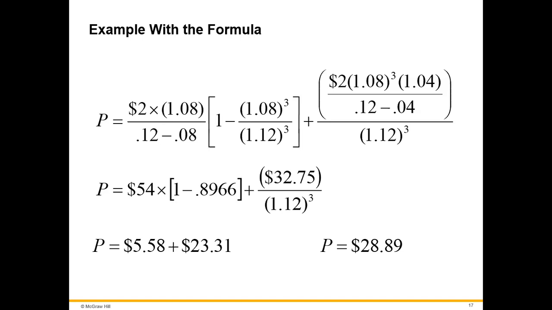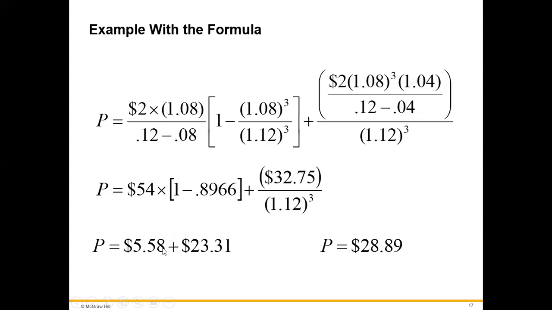So the first calculation, what's the present value of the dividend growing at 8% for 3 distinct periods? All right, now divide that by 1.12 to the third power, which is 1 plus your discount rate, to the same number of powers. So remember, that's the same number of periods your first growth rate grew at, and that was 3. Once you do that, you'll get $23.31.